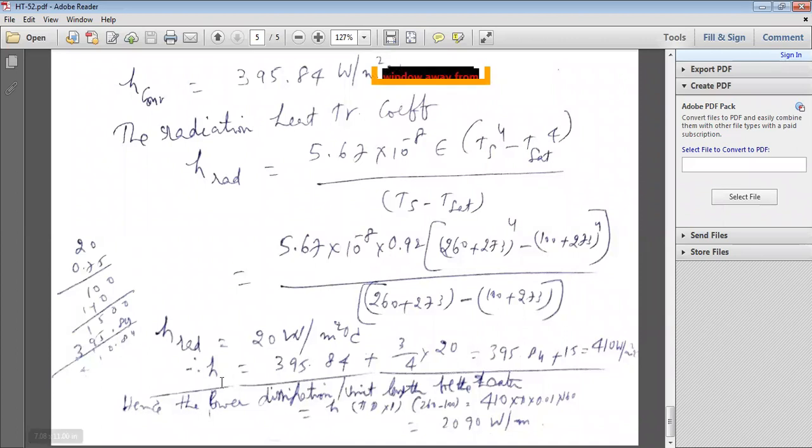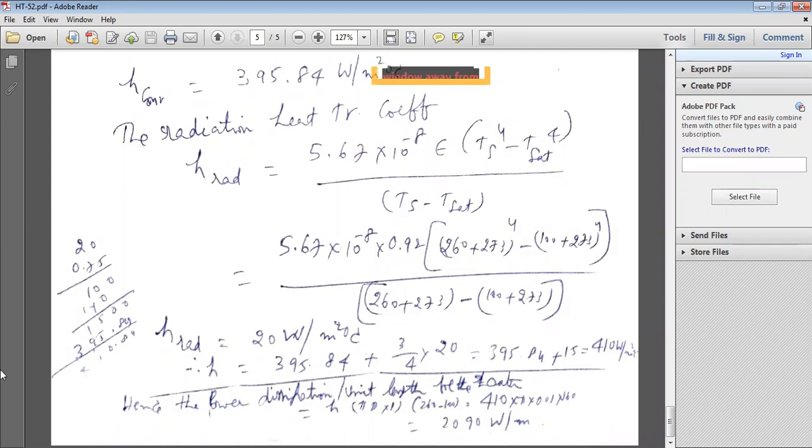So once you know H and once you know the area, how do you calculate the heat dissipation per unit length for the heater? Q is equal to H A delta T excess, H into area pi D L per unit length. So pi D into length 1 meter into delta T excess, 260 minus 100.